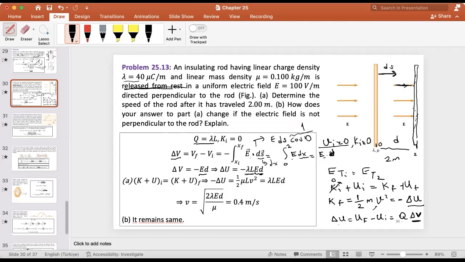So I put that information here. Finally, we calculate this part: lambda L E D is coming from delta U.